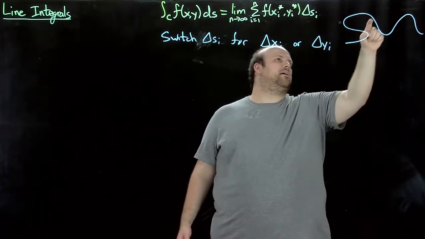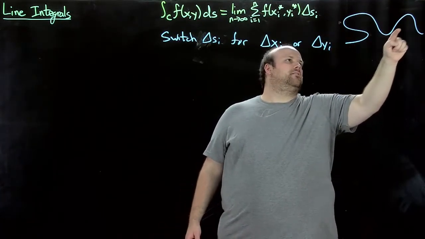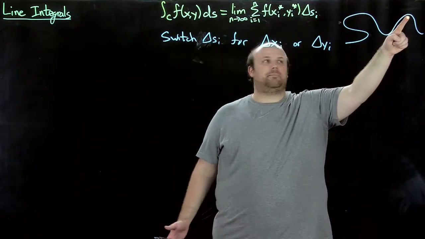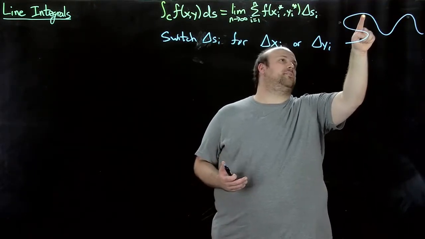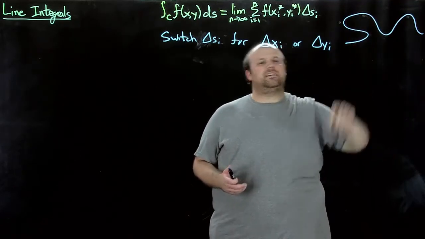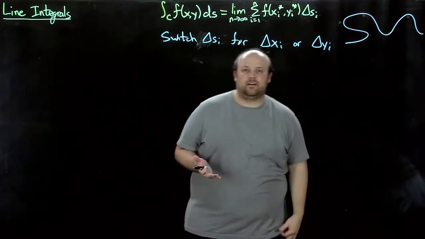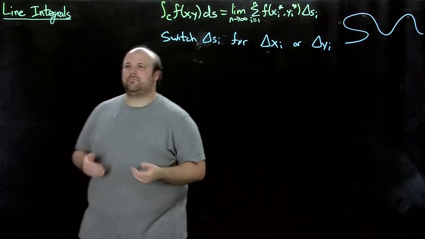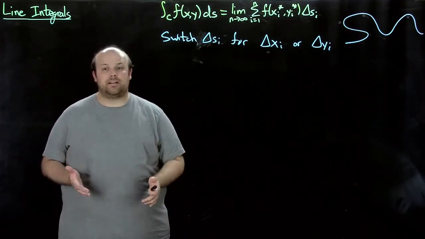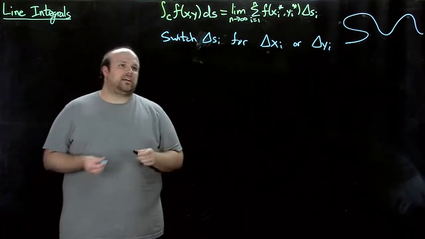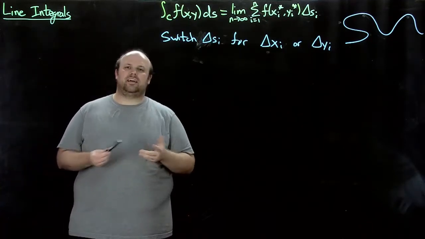And then delta y, if you go from here up to here, is positive, or even this whole time all the way up here, delta y_i is positive. But when you start going down, delta y_i is negative now, right? Because here we're just concerned about how this is changing in the x direction, or how it is changing in the y direction. So now, what if we did that to the integrals?